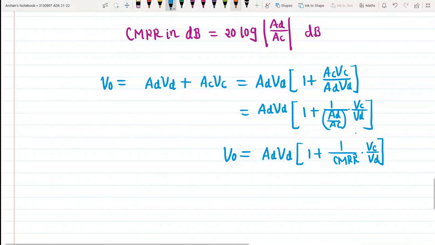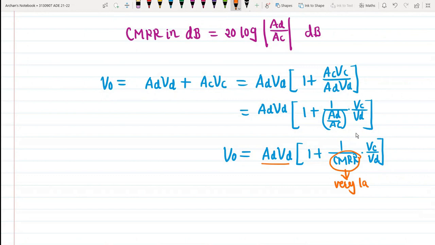Here you can see if I talk about this V0, then V0 is equal to AD times VD, and here the value of CMRR is very large, right? Ideally it is infinite, and practically it is very large, and this large value is in the denominator of the equation, such that this entire component becomes very small compared to this AD times VD.